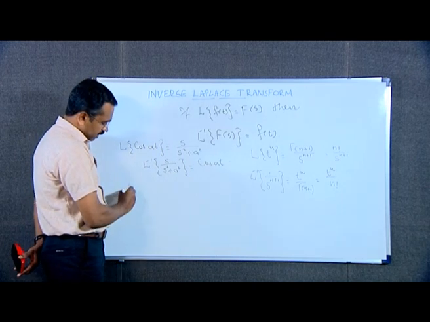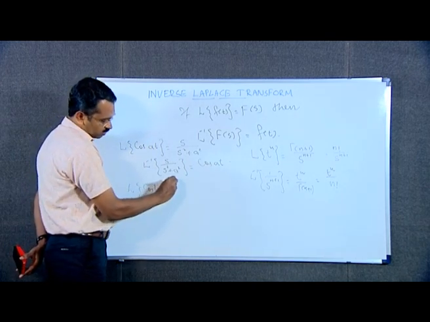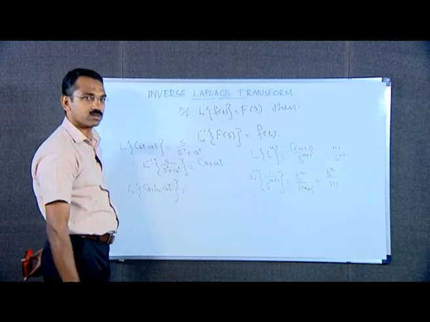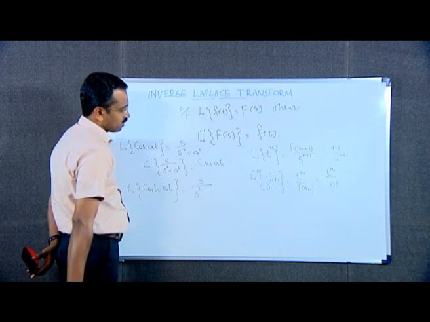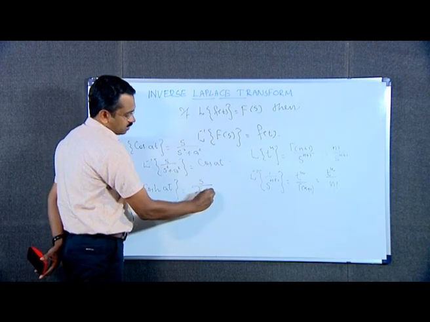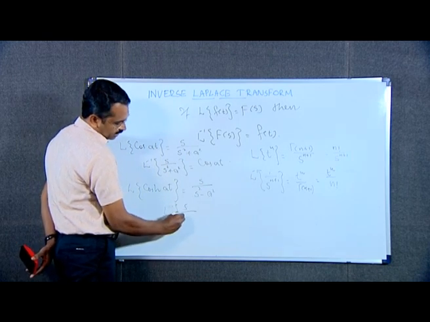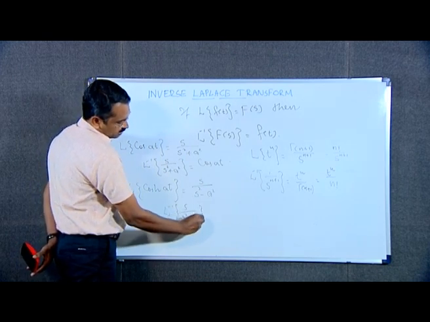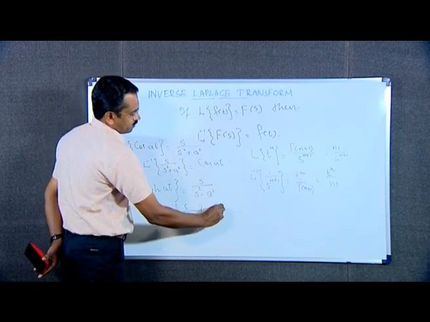We have the Laplace transform of hyperbolic cosine cos h at as s divided by s square minus a square. Therefore, L inverse of s divided by s square minus a square is cos h at.